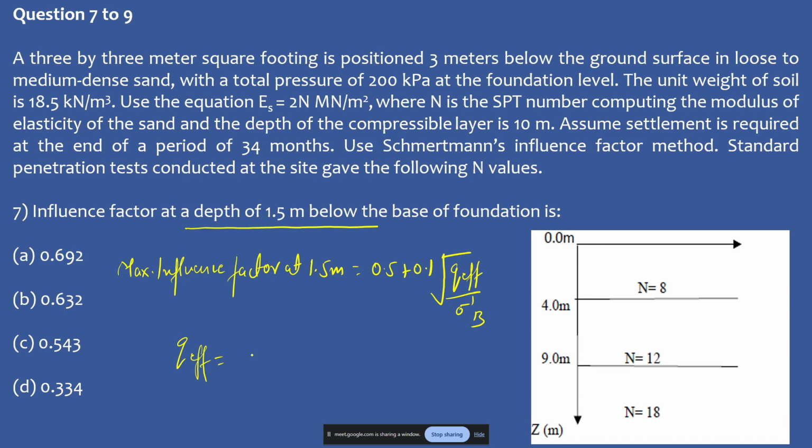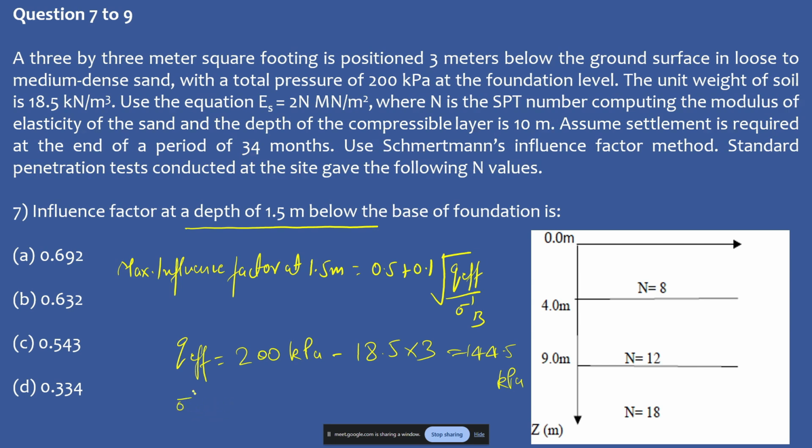At the foundation level you have a pressure of 200 kPa, and since you have been asked to calculate the effective, you need to reduce the overburden for that level, so 18.5 into 3. So your Q effective value is 144.5 kPa.